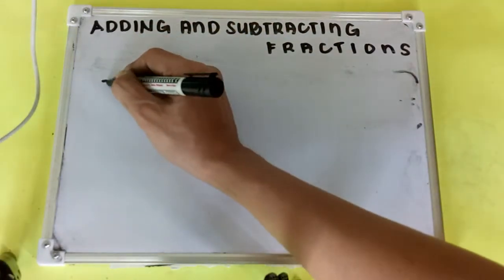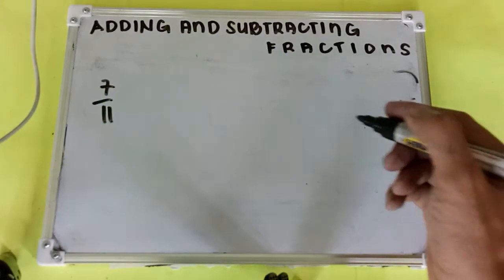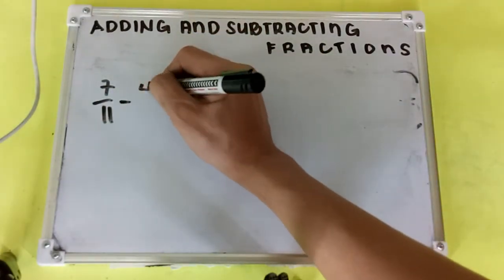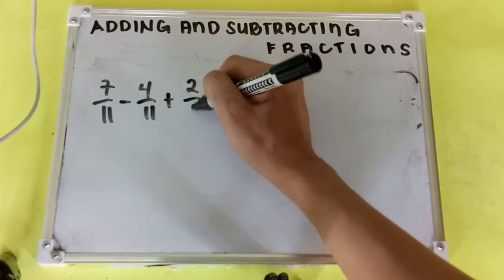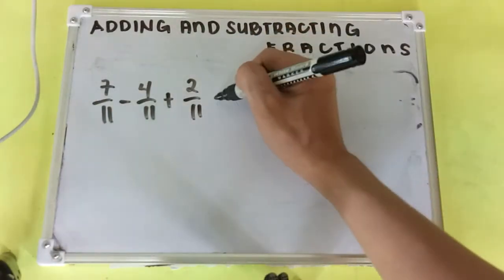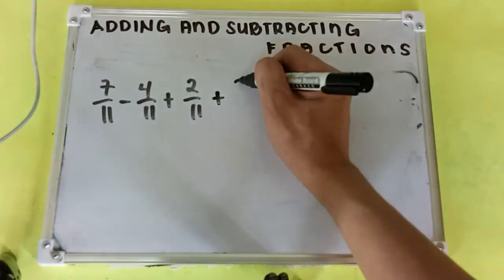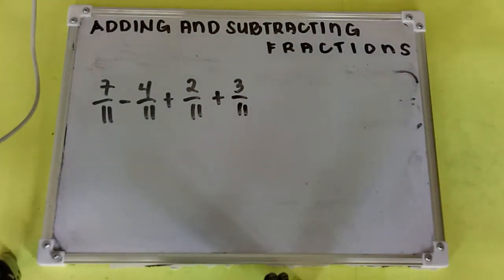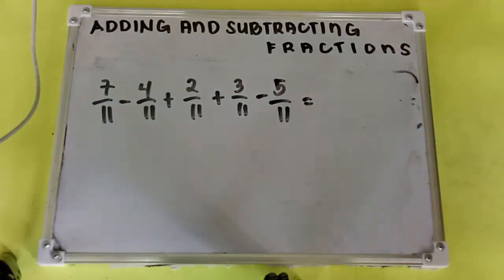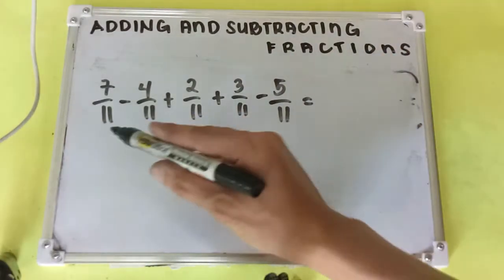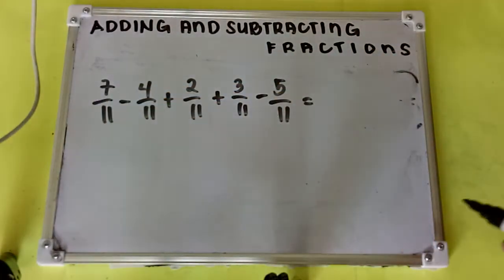So, the given is 7 over 11 minus 4 over 11 plus 2 over 11 plus 3 over 11 minus 5 over 11. So dito, kahit gaano siya kadami, basta similar terms sila, they have the same denominator, madali lang yan.